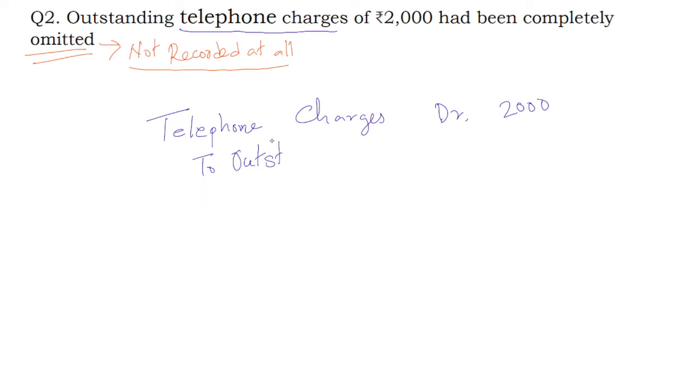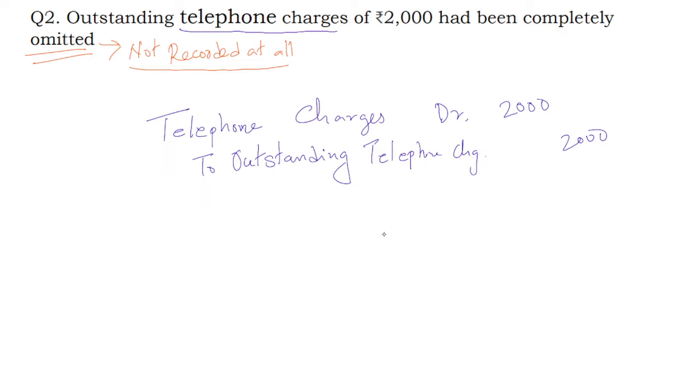If anything is added before the expenses account, any prefix or suffix, then it becomes a liability or asset. Outstanding telephone charges, right?